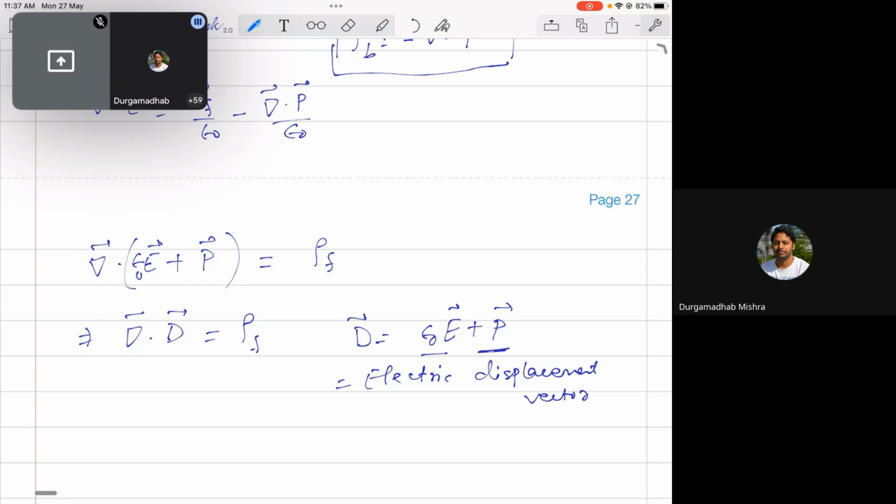And this is how your equation will modify within a material.